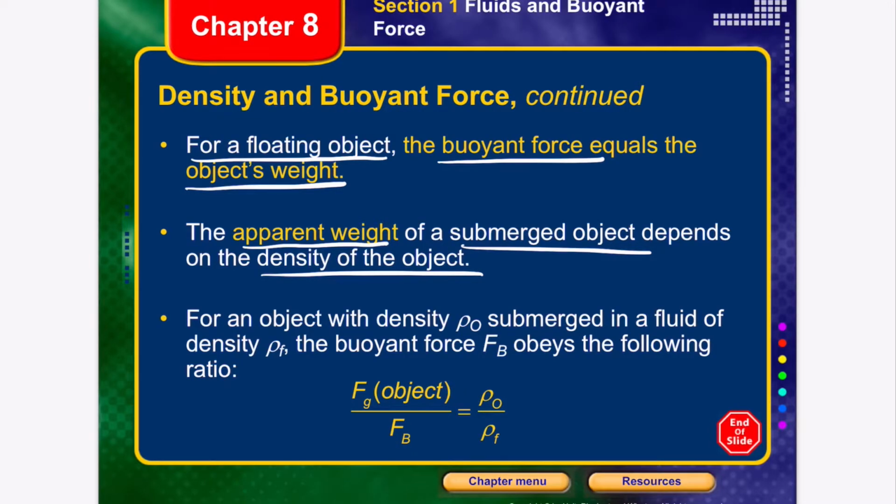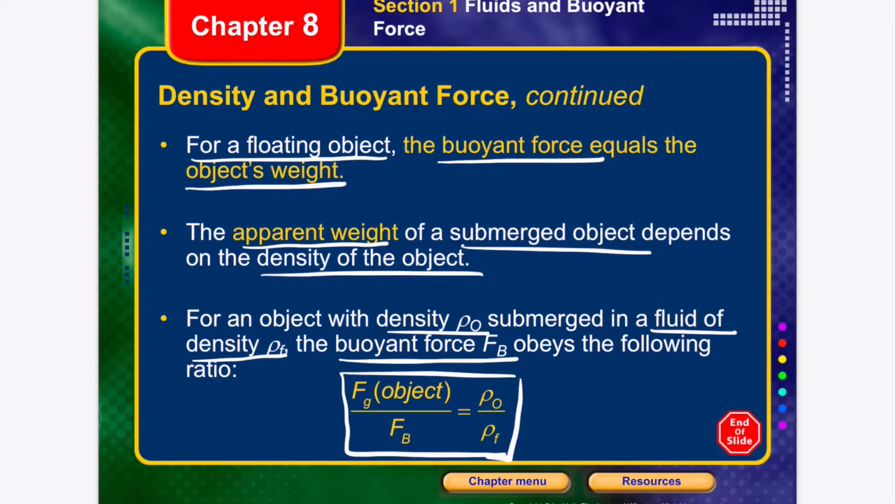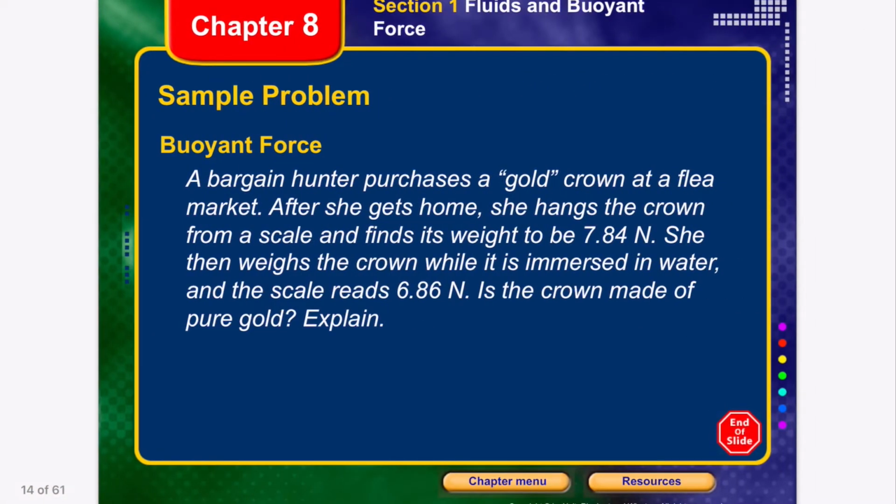For an object with density rho naught, submerged in a fluid of density rho f, the buoyant force Fb obeys this ratio: Fg, the weight of the object, over the buoyant force is equal to the ratio of the density of the object to the density of the fluid. Let's take an example problem and understand how this works.